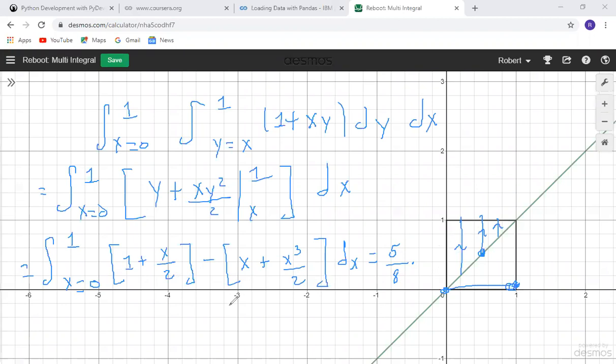I also want to point out that in this problem, I think it was easier to have the x integral on the inside and the y integral on the outside. Just because when we had the x integral on the inside, the limits were 0 to y, and those were easier limits to deal with.